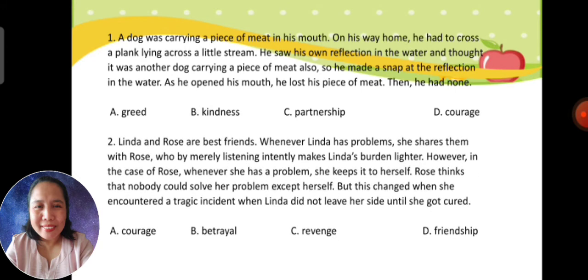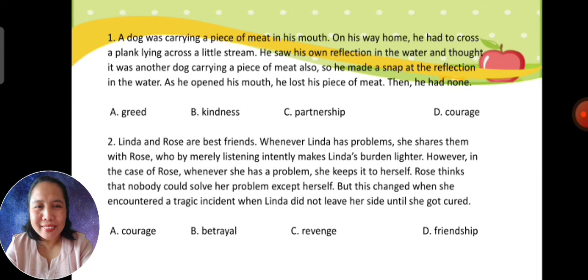Then the second one, Linda and Rose are best friends. Whenever Linda has problems, she shares them with Rose, who by merely listening intently makes Linda's burden lighter. However, in the case of Rose, whenever she has a problem, she keeps it to herself. Rose thinks that nobody could solve her problem except herself.